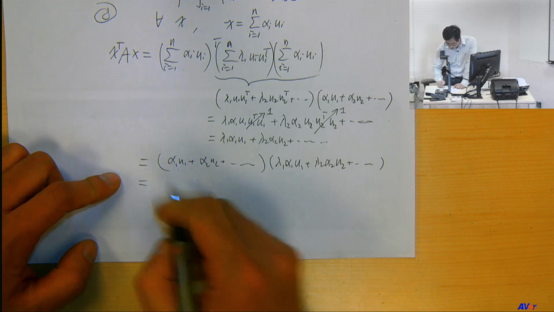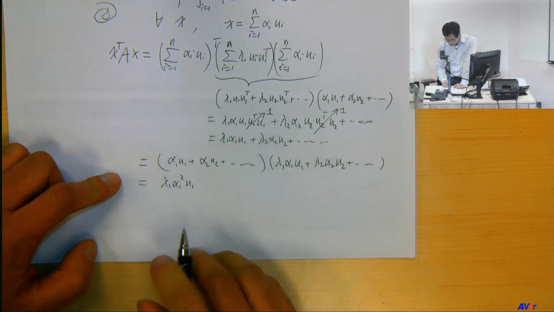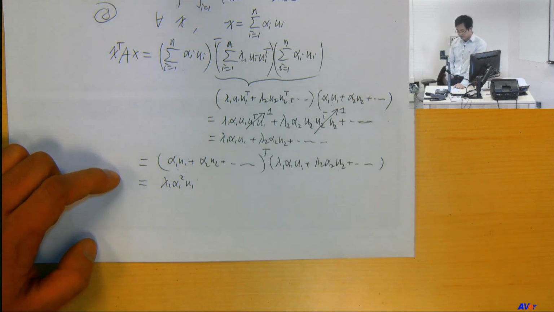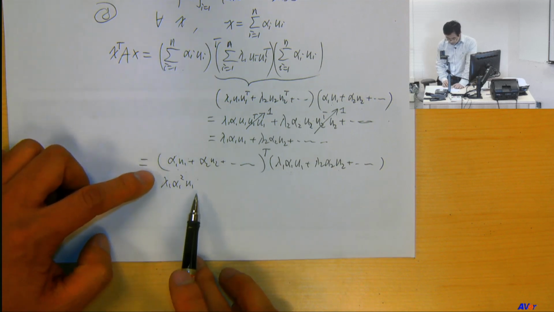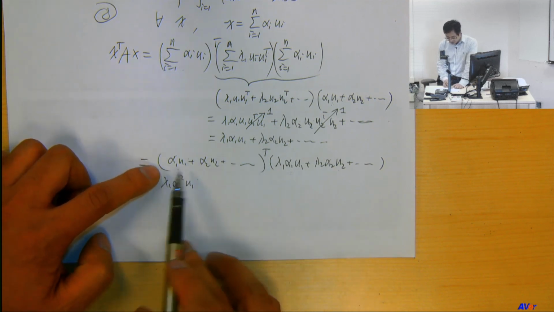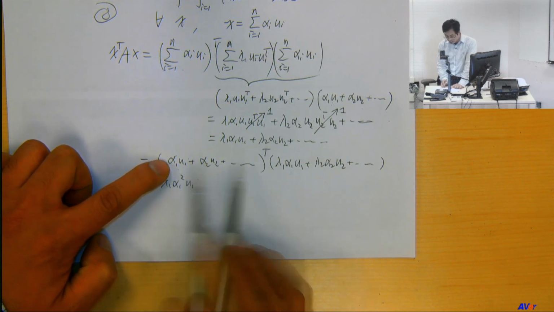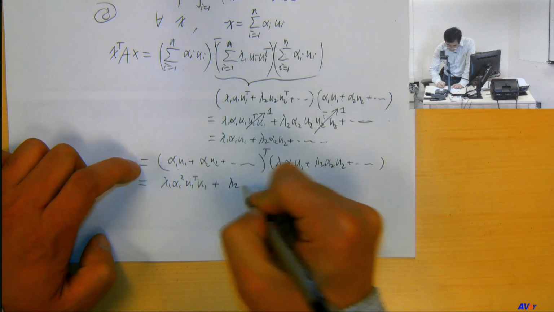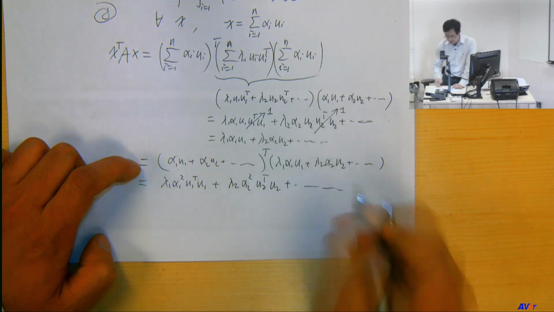So the result is going to be lambda 1 alpha 1 squared U1. There will be a transpose sign here. All right, there's a transpose sign that I forgot. So it's going to be lambda 1 alpha 1 squared times U1 transpose U1 plus lambda 2 alpha 2 squared U2 transpose U2, etc.